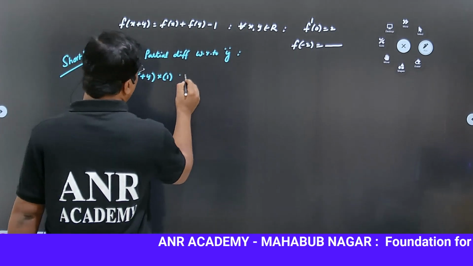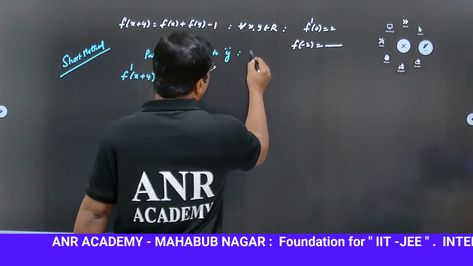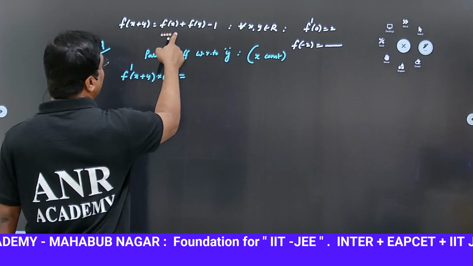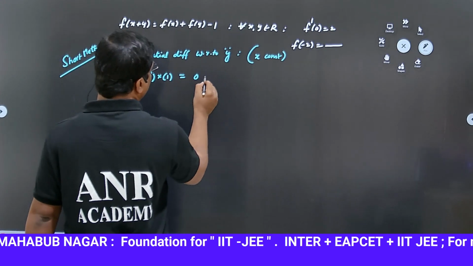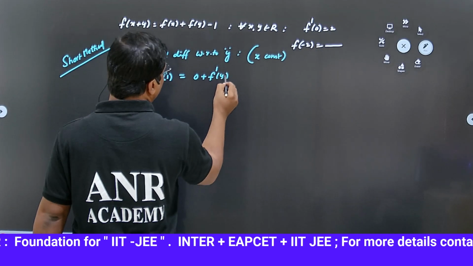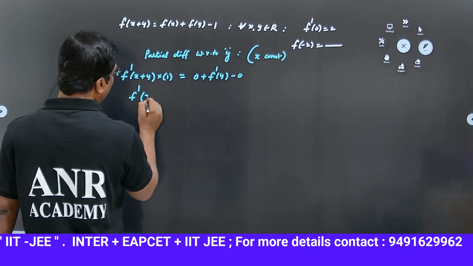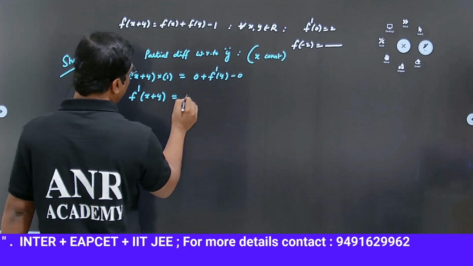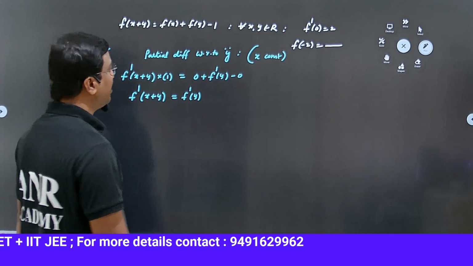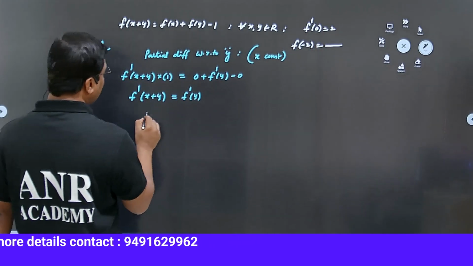In the right hand side, when you differentiate partially with respect to y, you have to treat x as constant in this case. So the constant derivative here is 0. Next, f of y, its derivative f dash y, constant derivative 0. So that we get f dash of x plus y equal to f dash y. Given that f dash 0 value is 2, put y equal to 0 in this.